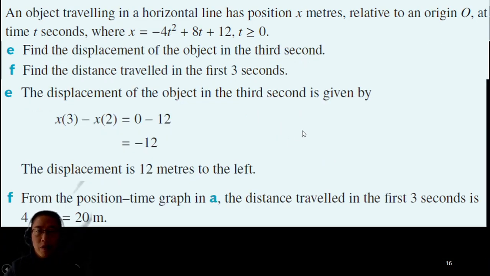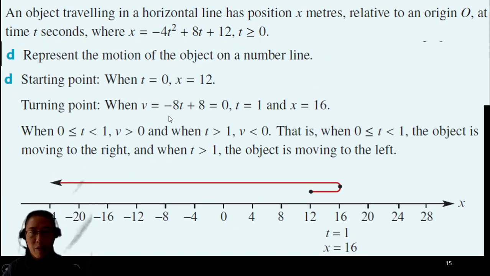And the distance traveled in the first 3 seconds. So you have, when t equals 3, x equals 0, and when t equals 2, x equals 12. That's coming from this graph. So it's from x equals 16. Hang on.